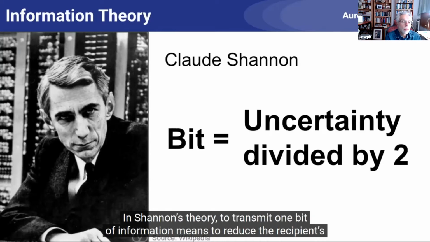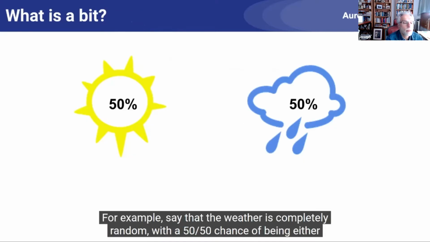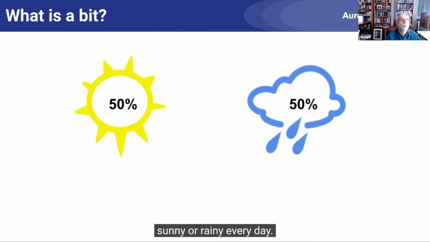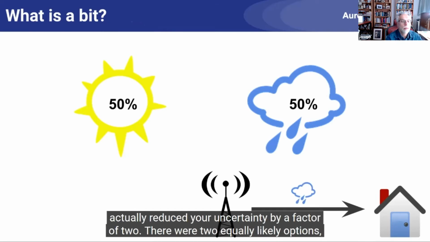In Shannon's theory, to transmit one bit of information means to reduce the recipient's uncertainty by a factor of 2. For example, say that the weather is completely random, with a 50-50 chance of being either sunny or rainy every day. If a weather station tells you that it's going to be rainy tomorrow, then they have actually reduced your uncertainty by a factor of 2.